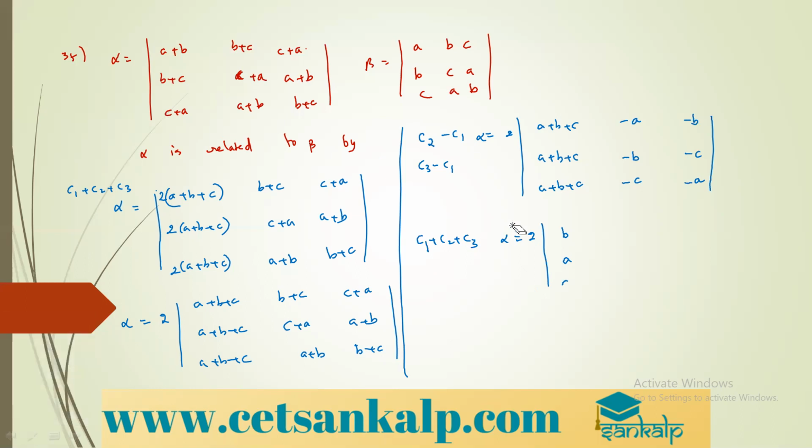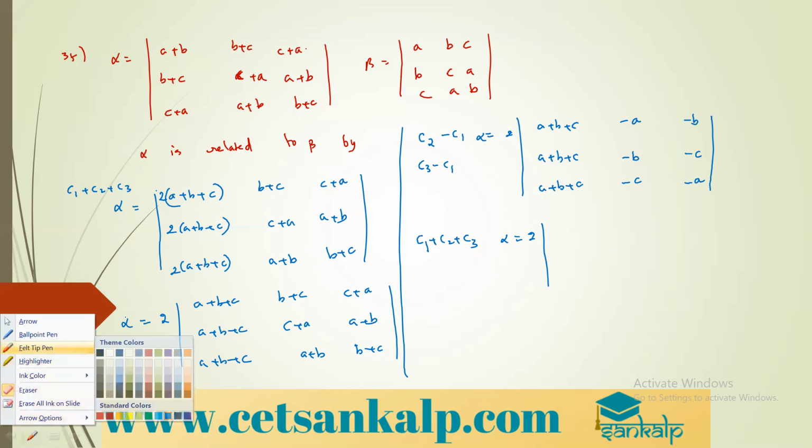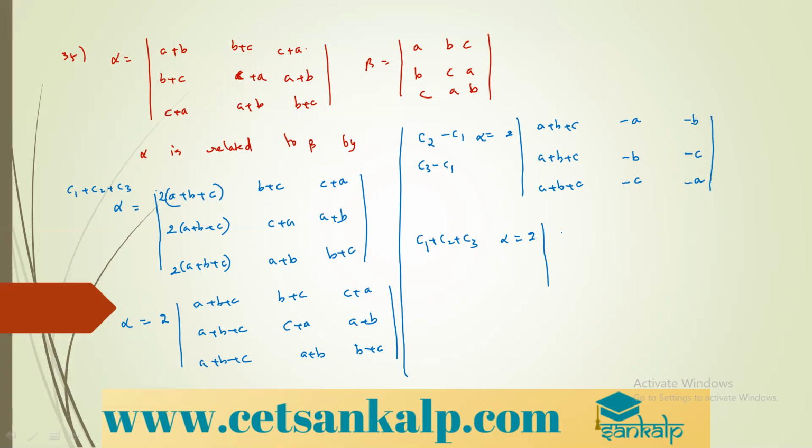Let me correct it. So after applying this operation, what I have is A and B will cancel C. B and C will cancel A. C and B will cancel, C and A will cancel, then B. Minus A minus B, minus B minus C, minus C minus A.